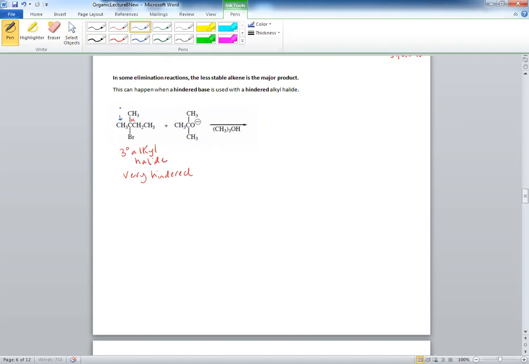Here you have a beta hydrogen. Here you have a beta hydrogen. And of course, there you have a beta hydrogen. And if you look at the base as well, t-butoxide, it is also very hindered. It's a tertiary base as well, and it's very hindered.